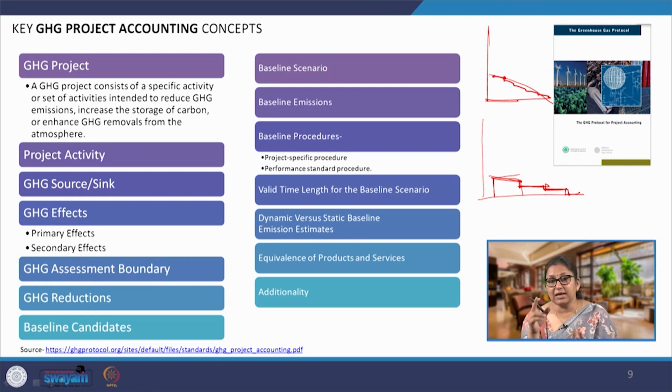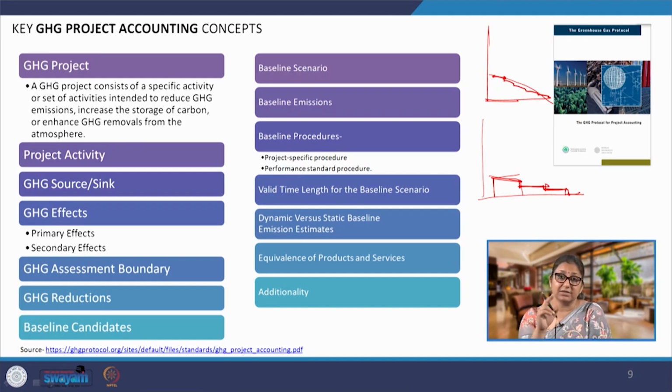While in case of a plantation drive, we could look at dynamic baselines, because we may be planting 50 trees, 100 trees every year on the campus, and we can continue to shift the baseline, make a dynamic baseline.